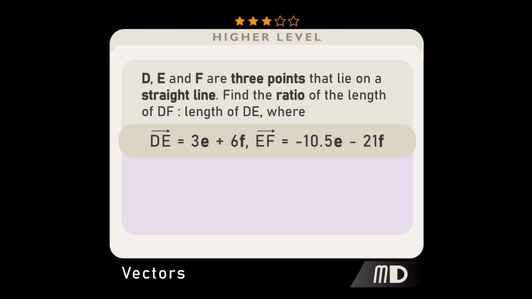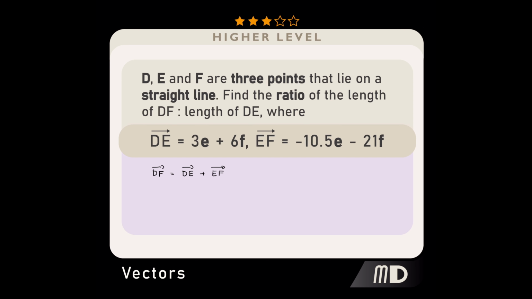In other words, vector DF is equal to the sum of vector DE and EF, where DE is equal to 3e plus 6f and EF is equal to minus 10.5e minus 21f.